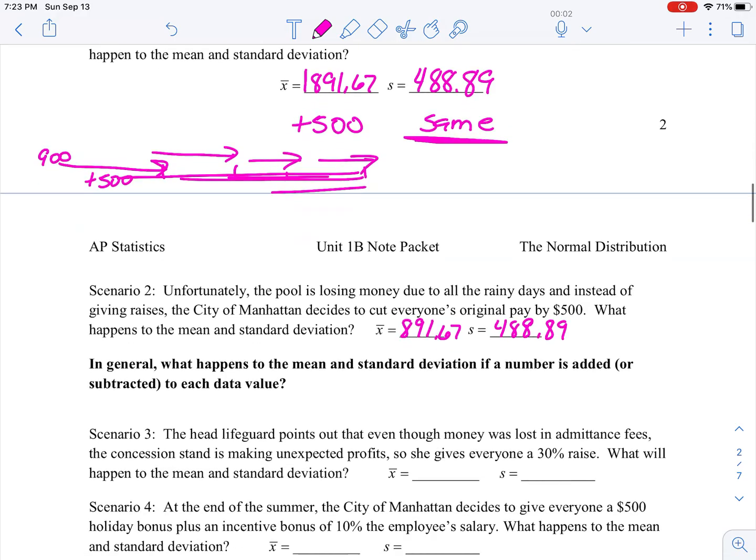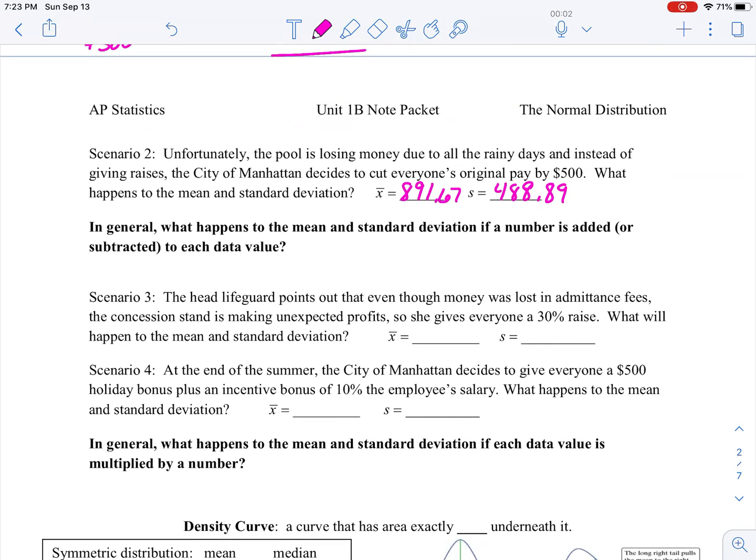Okay? So now here comes our general rule. In general, what happens to the mean and standard deviation when a number is added or subtracted to each value? X bar is increased or decreased by the same number.